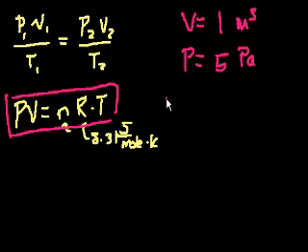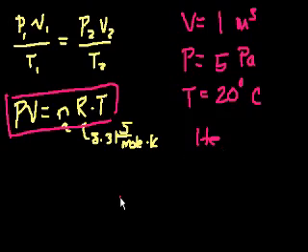And that's newtons per meter squared, right? And let's say we're at a reasonably warm temperature, so temperature is equal to 20 degrees Celsius. And let's say that balloon is filled with helium.